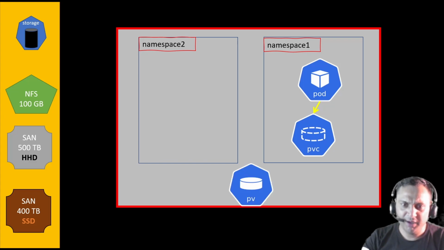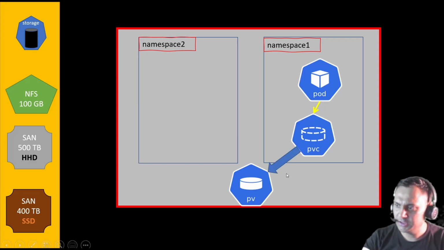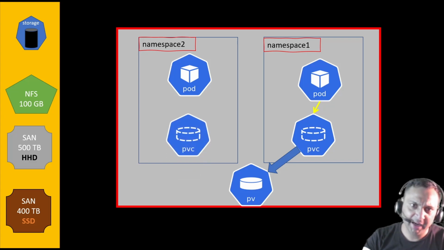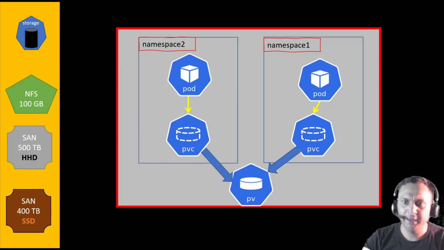However, when we create a PV, we never use namespace. So this PVC is connected to this PV. In the second namespace, when we create a pod, we have to create a PVC inside that namespace only. But we can link this PVC to an external PV that is created outside the namespace.